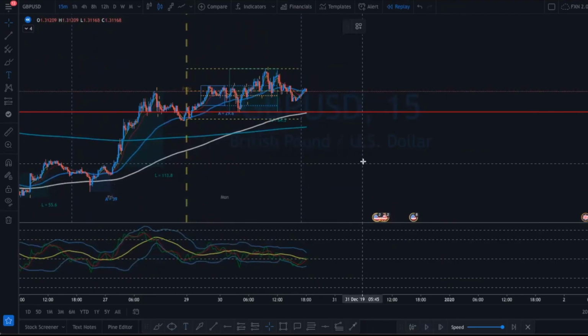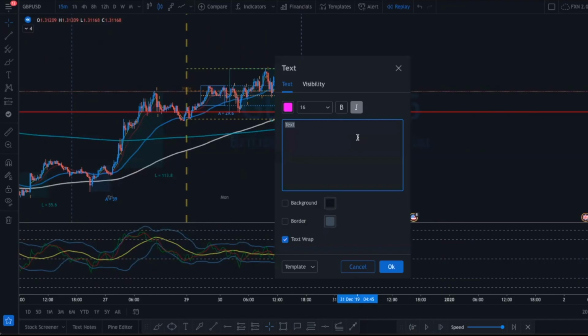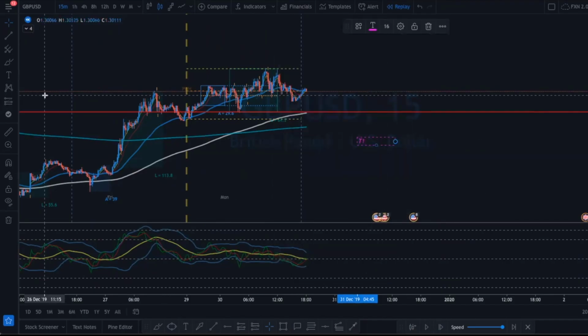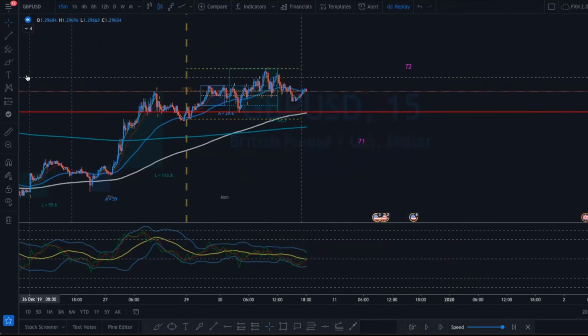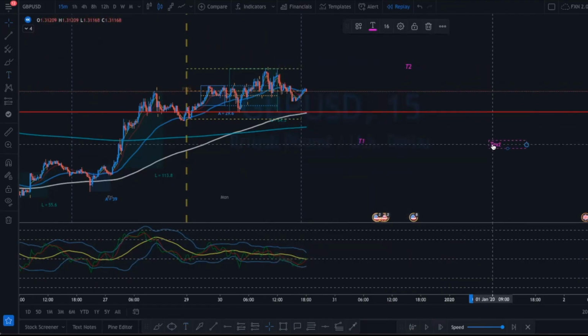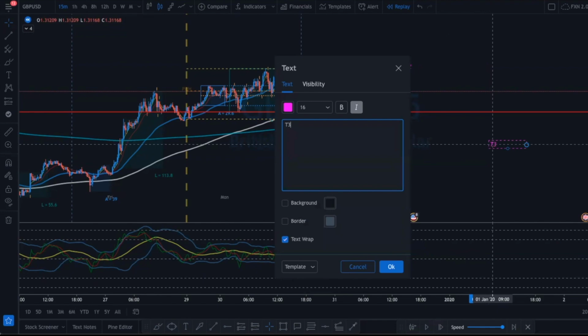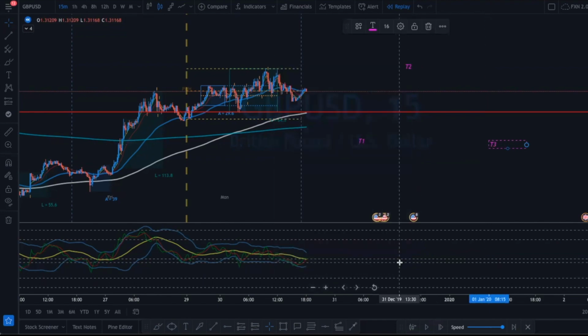You can make one for type 1s, T1, another one for type 2s, and another one for type 3s.